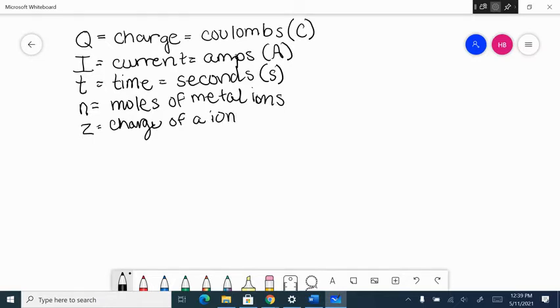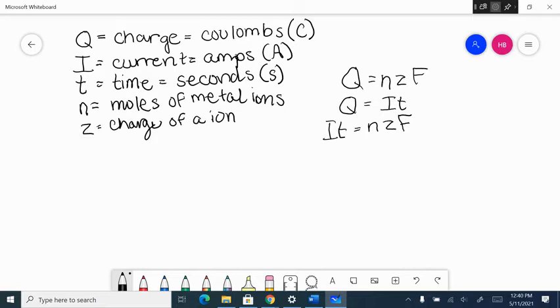Now, our formulas that were given to us are Q equals NZF and Q equals IT. So if you just eliminate the Q, you get IT, which is current times time, is equal to the number of moles of metal ions, the charge on the ion, times F, which is Faraday's constant.